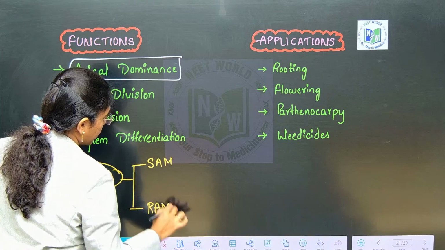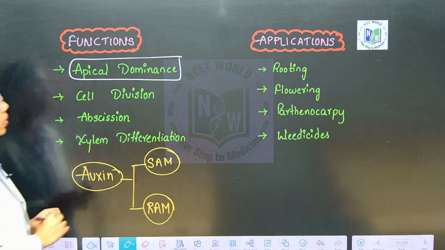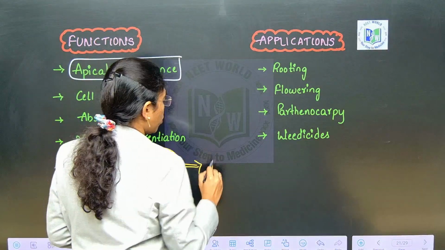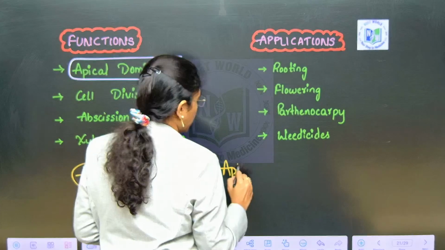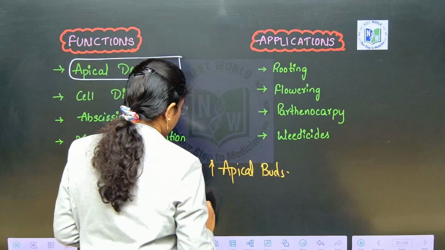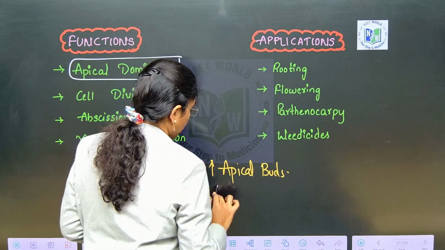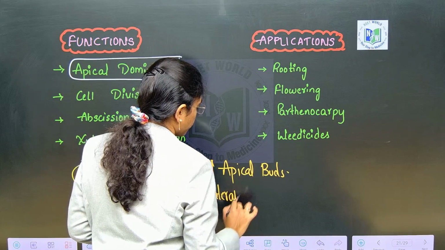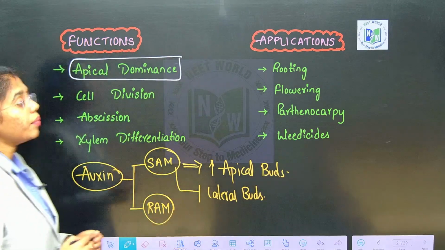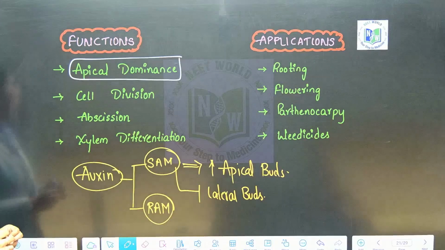In the apical regions, the concentration of auxin will be high. So, it will promote the growth of apical buds and it will inhibit the growth of lateral buds. Fine, right? That is about apical dominance.